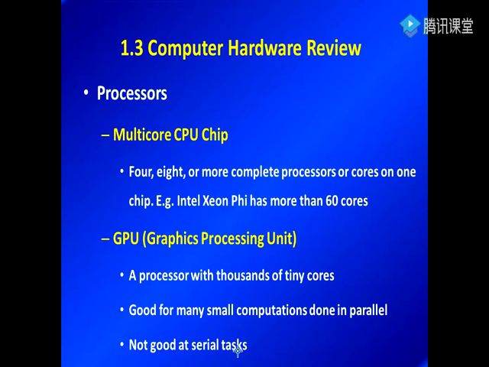We have some CPUs with 4, 8, or even more cores on one chip, or we can get 2 or more CPUs in the same computer, and among those there is a very special one called the GPU. The GPU is actually a kind of CPU, because it does the same thing as a CPU. It fetches instructions, decodes them and executes them.